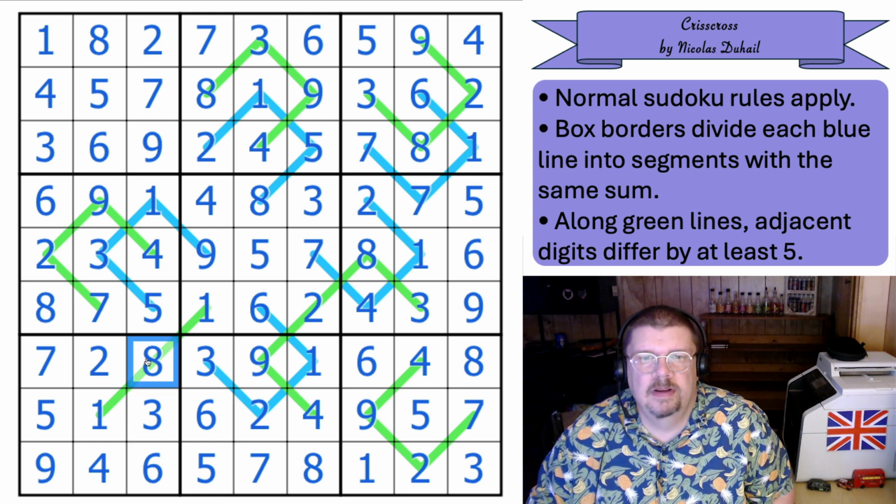So I've got 2 8s in this row. Okay. I've got 2 5s in this row. How did that happen?